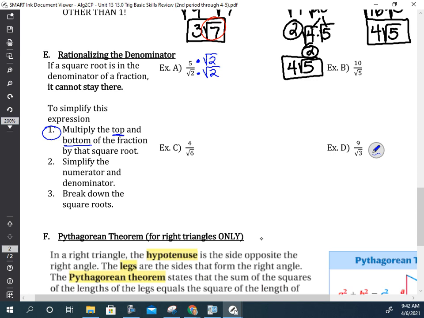Now we continue. 5 times the square root of 2 is 5 square root of 2.